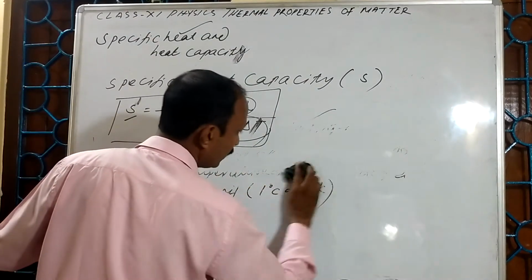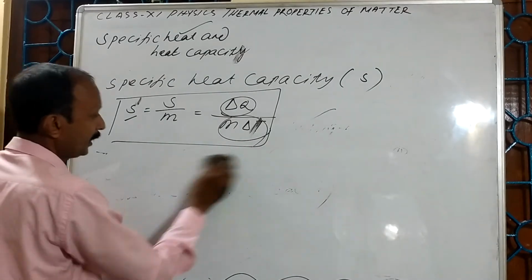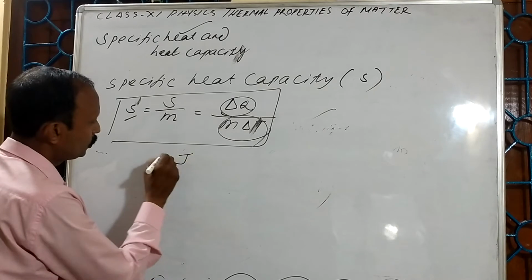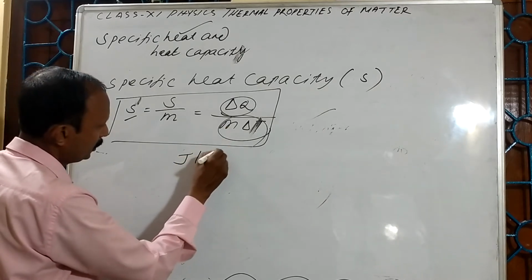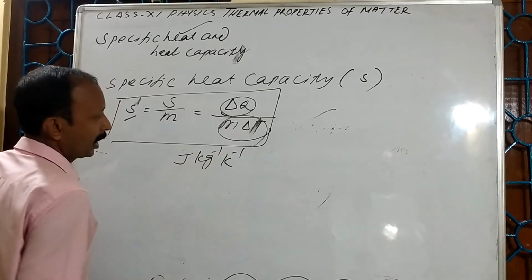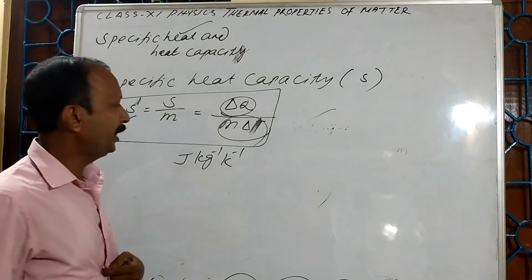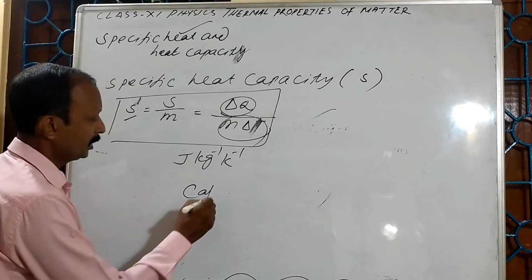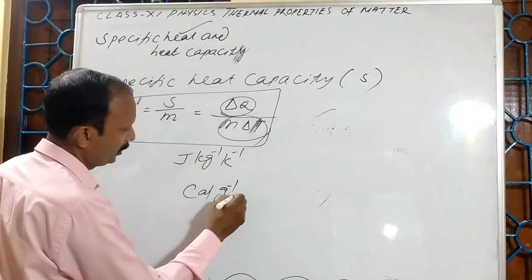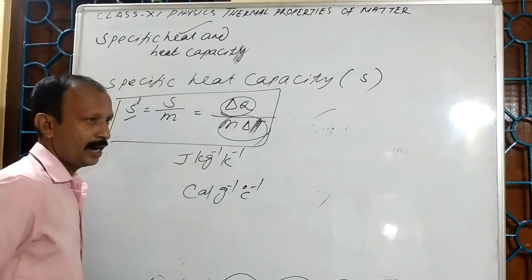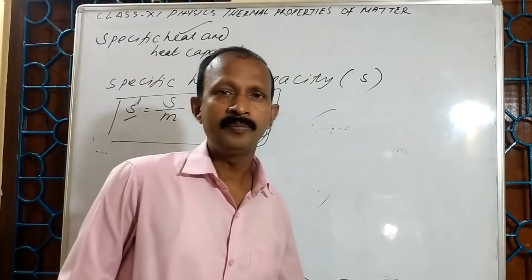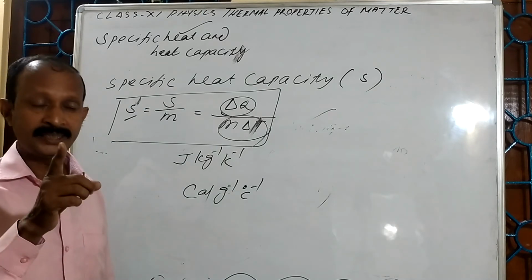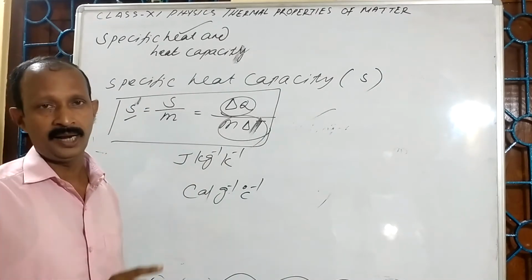Its unit in SI system is joule per kg per Kelvin, or we can write calorie per gram per degree centigrade. This is the unit of specific heat capacity. It is one of the characteristics of the substance.